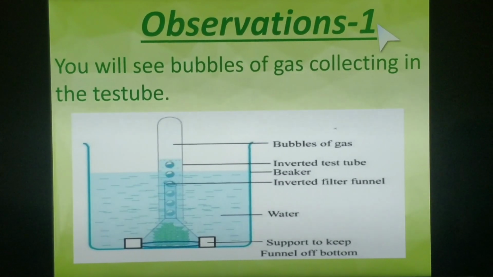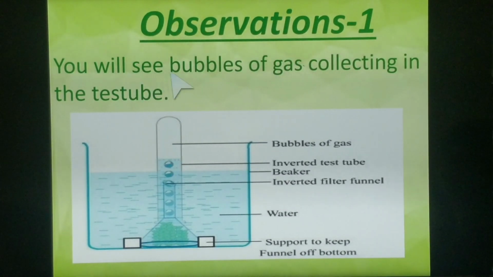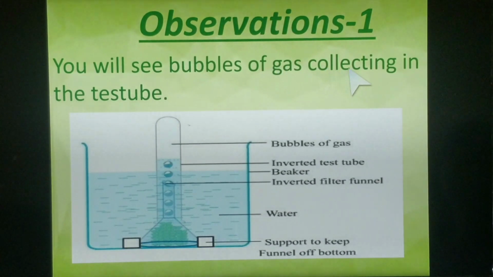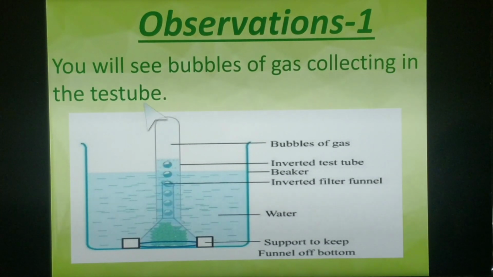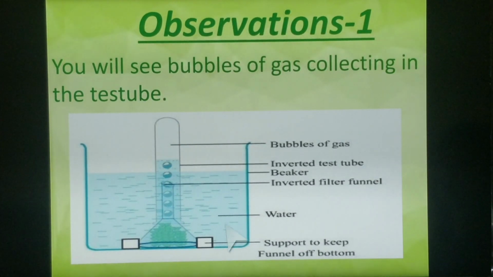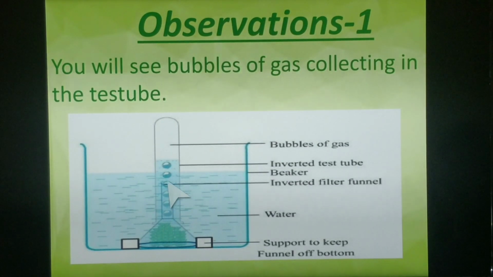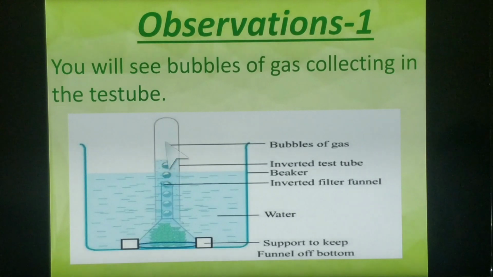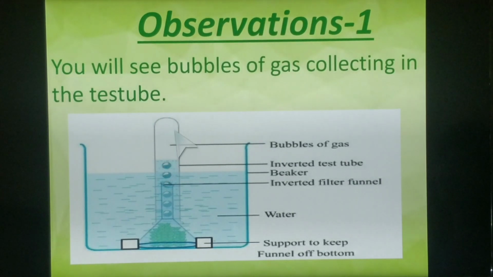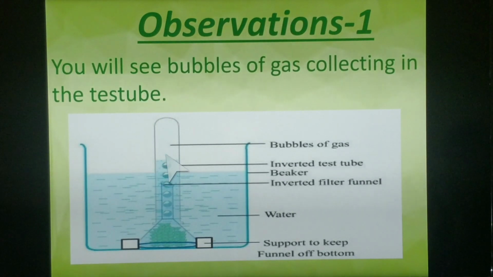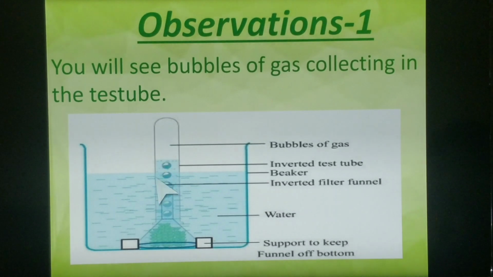Observation 1. You will see bubbles of gas collecting in the test tube. This is the setup in which we will observe the bubbles. See, the arrow shows you the bubbles which will ultimately collect here on top of the water level in this empty space.